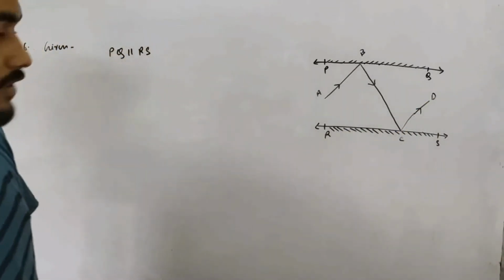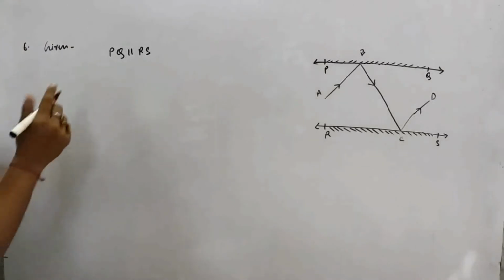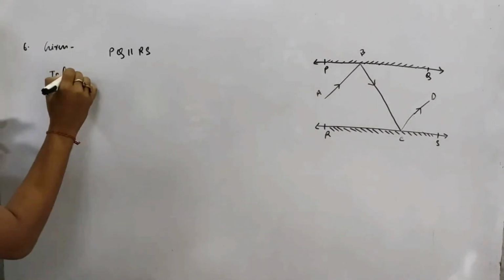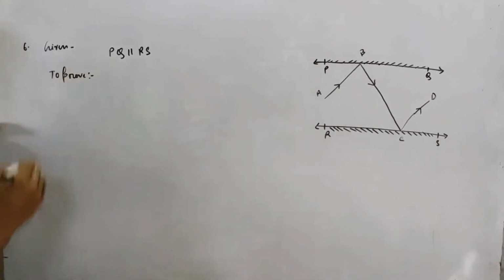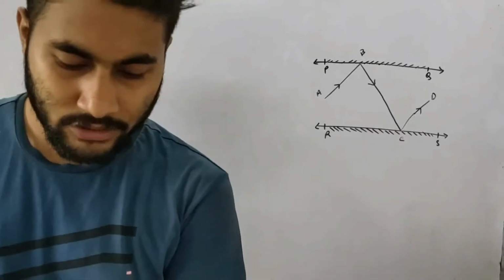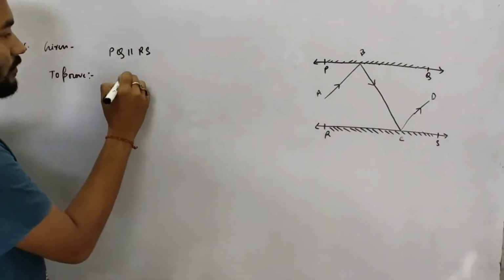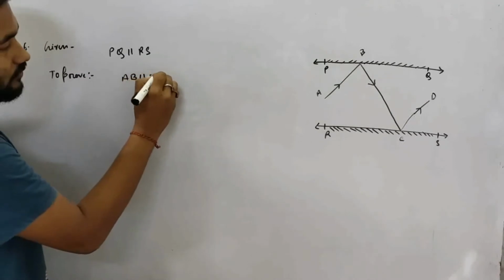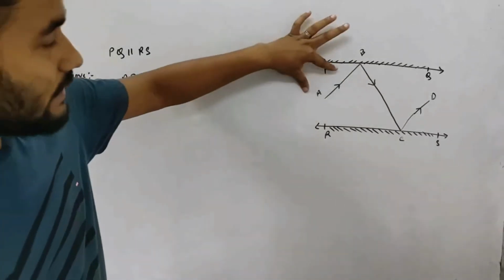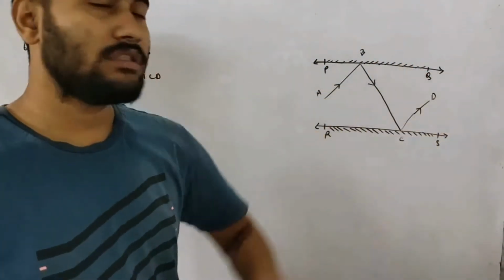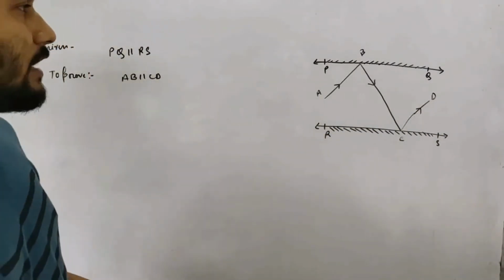What do we have to prove now? We have to prove AB is parallel to CD. They are always parallel, and we have to prove that.